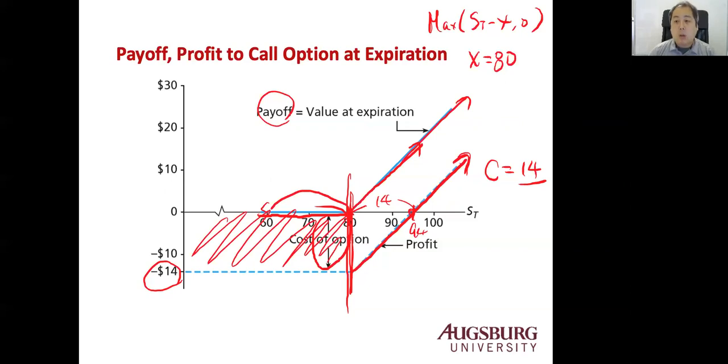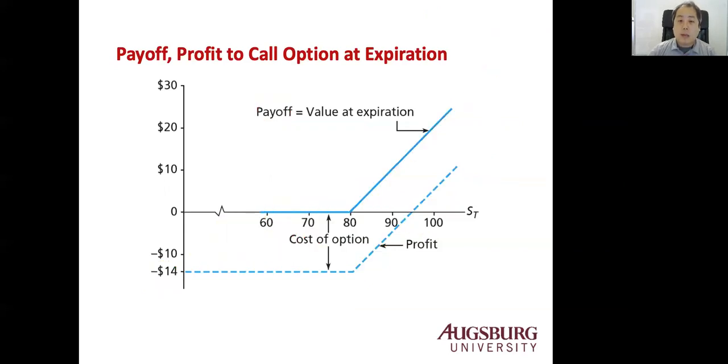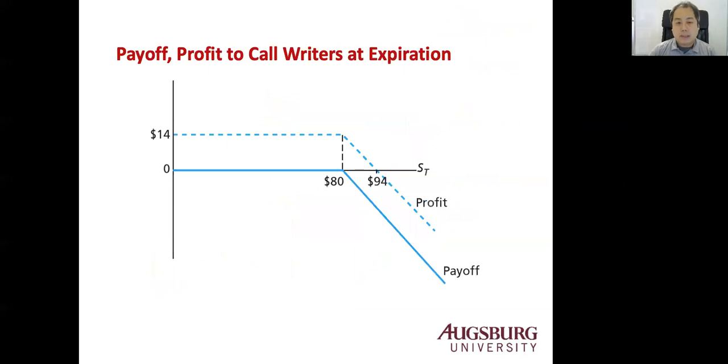So this is the call option holder's payoff and profit graph. What about the writer? If the option is exercised, then they start to lose money. The payoff is all 0, the same, up to the exercise price. And after the exercise price, they have to pay money, right?